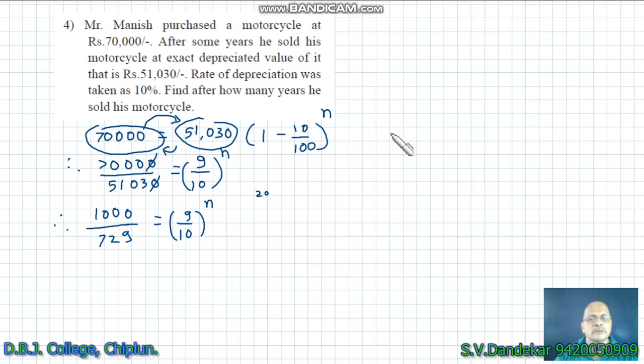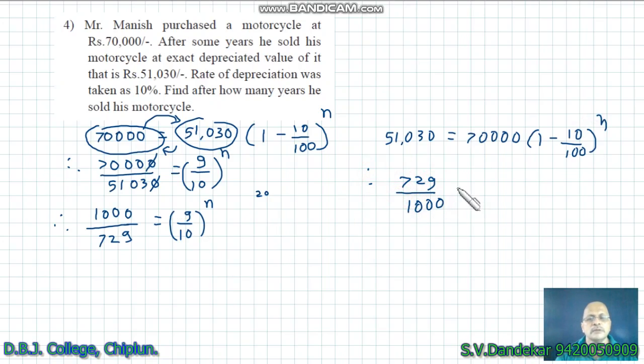That means 51,030 is equal to 70,000 into (1 minus 10 by 100) raised to n. From this we get 729 upon 1000 is equal to (9 upon 10) raised to n.